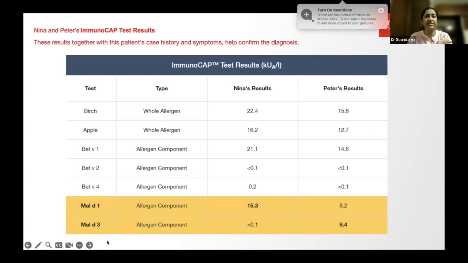Otherwise, there will be complete food avoidance, because if we know only in general that birch has cross-reactivity with apple, we will not be able to tell them exactly how to avoid the food, how much to avoid, and whether they can alter the food because of the heat lability and still tolerate it. So that is one situation where further molecular testing is needed.